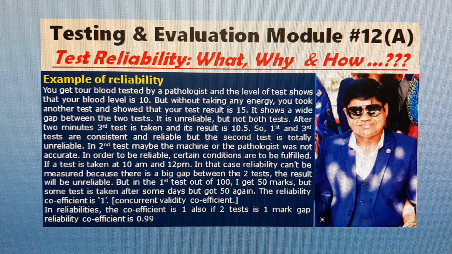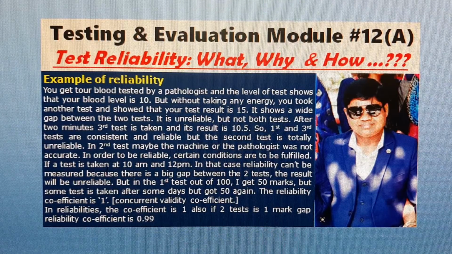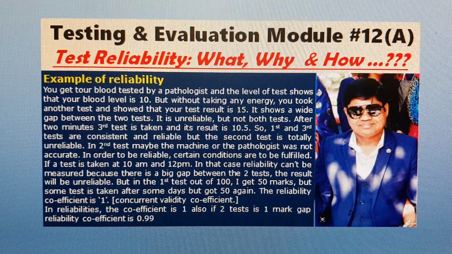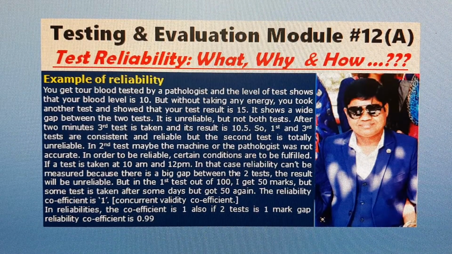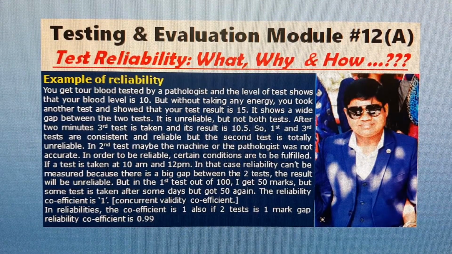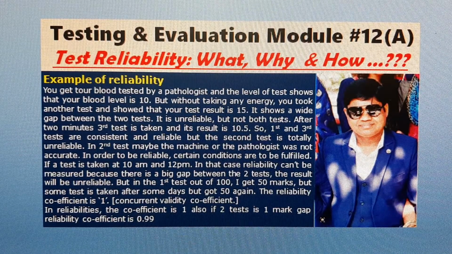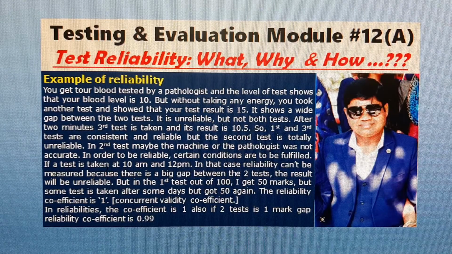Both the tests should be taken in time. Number 3, examiner's bias. In case of a subjective test or essay type test, two examiners may give different scores based on their personal mood or temperament. Or if there is some nepotism, familiar students may be given more marks.